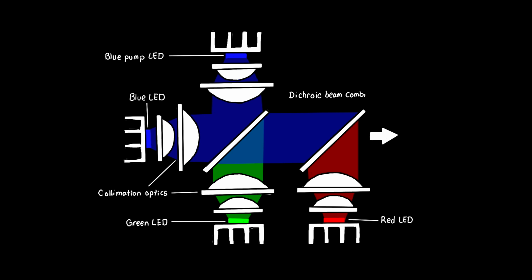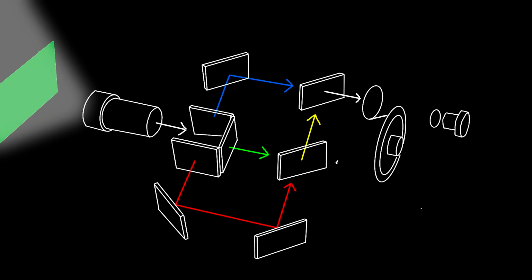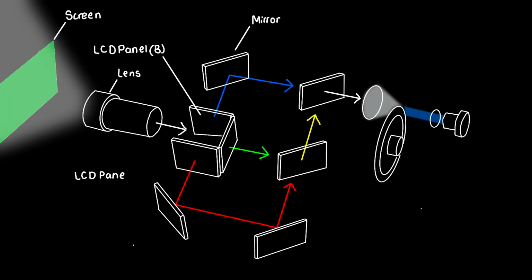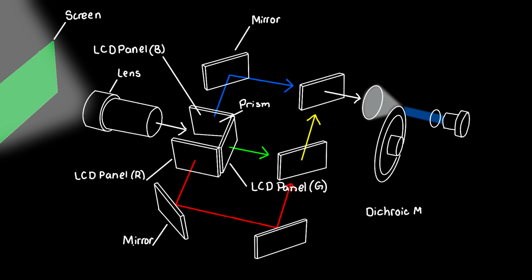Blue laser diode projectors shine light through a yellow phosphor wheel to create yellow light. The yellow light is then filtered through to the three primary colors, RGB. Laser phosphor hybrid projectors use blue and red laser diodes.